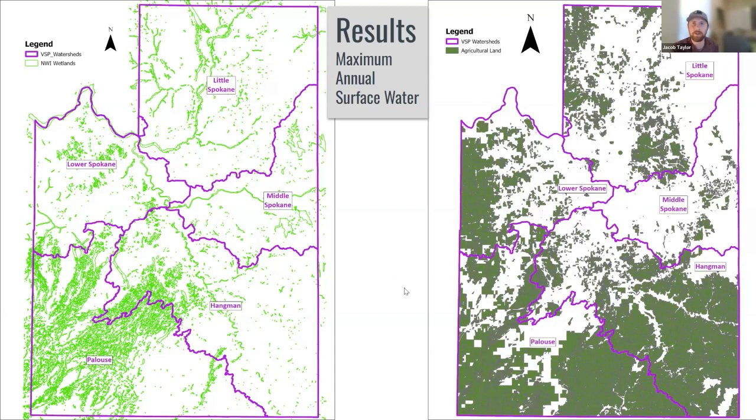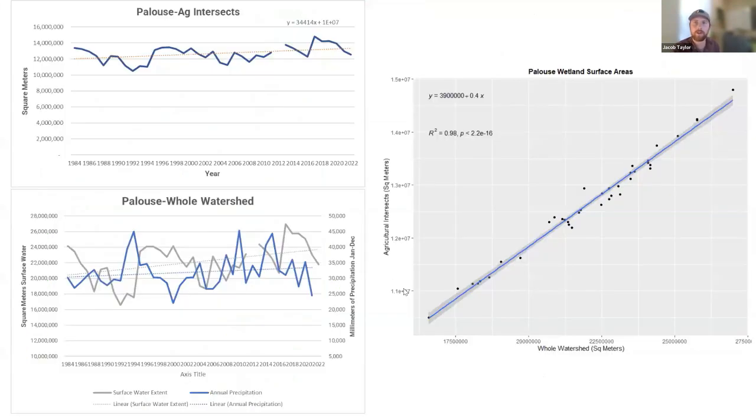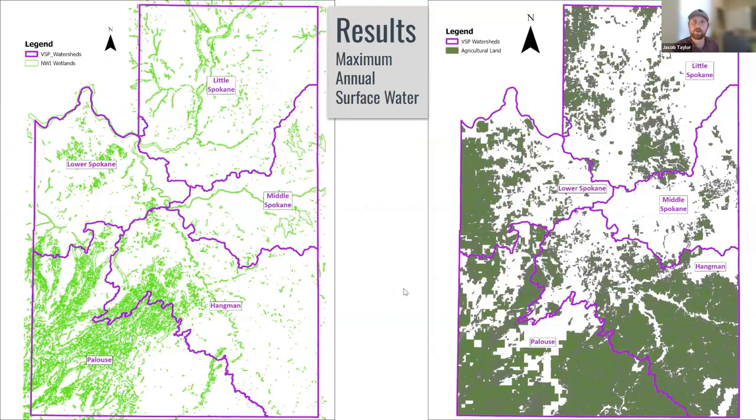But then the next thing we had to do, looking at the figure on the right there, oh, go back one. Just real quick, we had to define our study areas. So obviously this is VSP and we're looking at watershed scale and we're looking at agricultural land. So our study areas in Spokane County, we have 5 major watersheds.